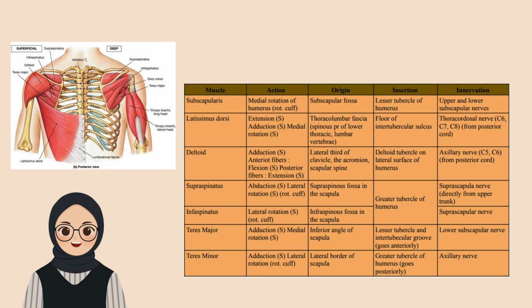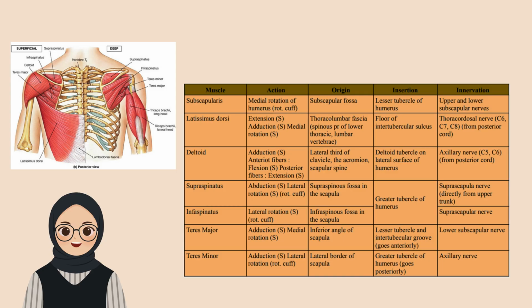And then teres major. The action of teres major is adduction and medial rotation. The origin is inferior angle of scapula. The insertion is lateral tubercle and intertubercular groove going anteriorly, and innervation is lower subscapular nerve.